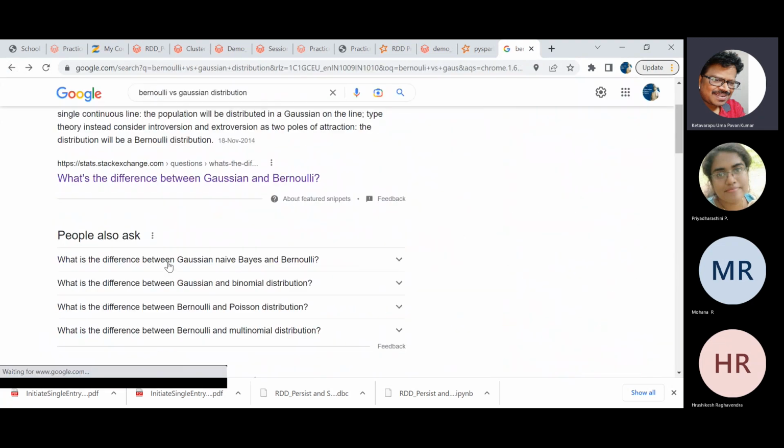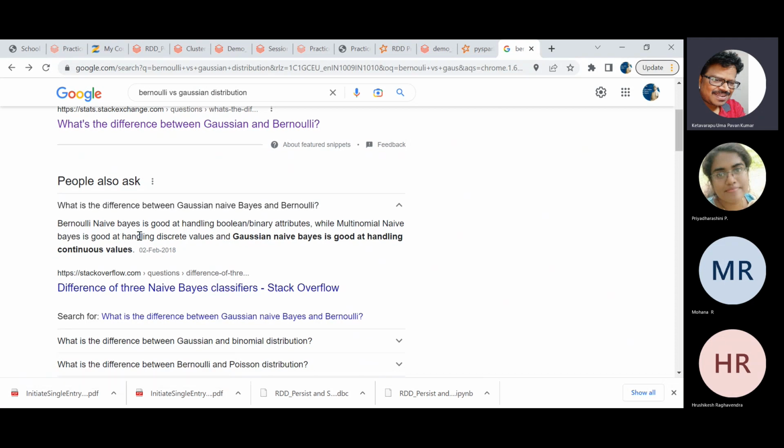We have some other options clearly. Bernoulli naive Bayes is good at handling Boolean or binary distributions. Already we have seen naive Bayes, which gives that binary or Boolean kind of aspect. Whereas if I have multinomial, Gaussian naive Bayes is good at handling continuous values.